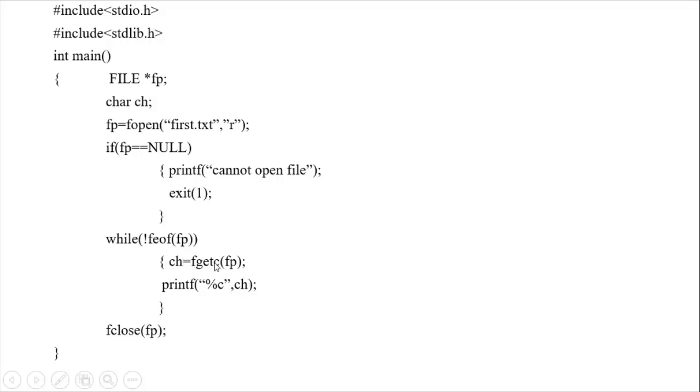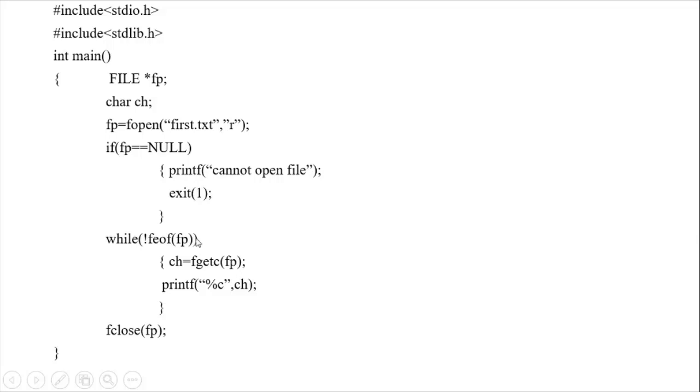This process will repeat until fp reaches the end of file. So while not feof of fp, that is while not 0, because feof of fp returns 0 if it is not at the end of file. Whenever it reaches the end of file, only then does it return a non-zero value. So while not 0, execute these lines.